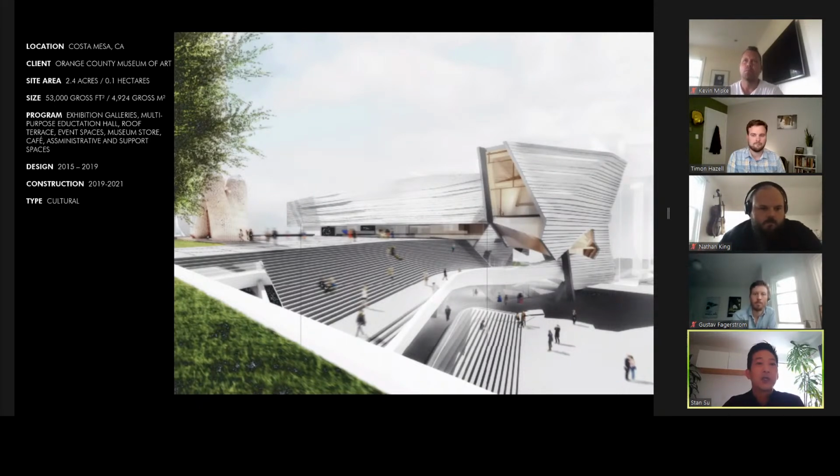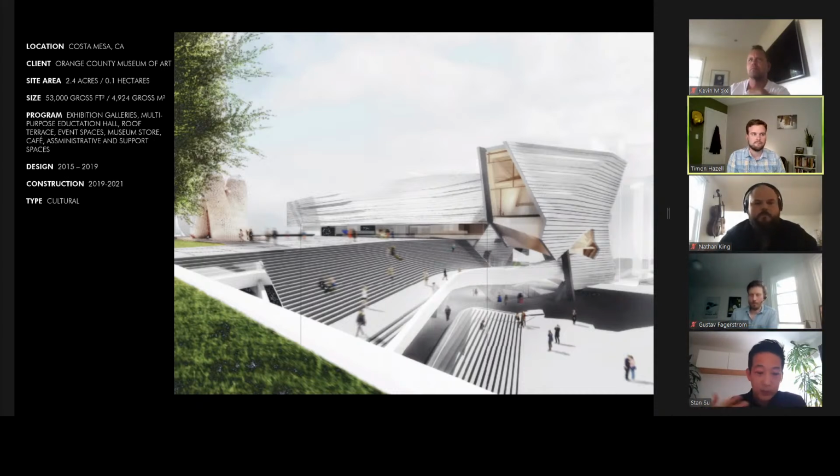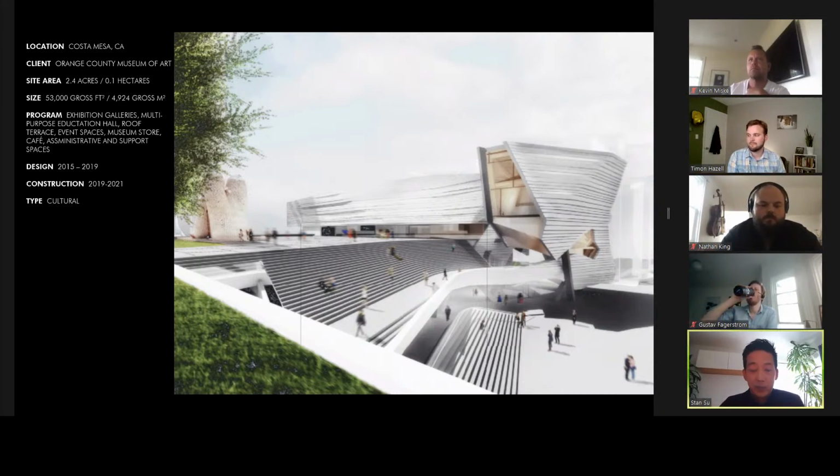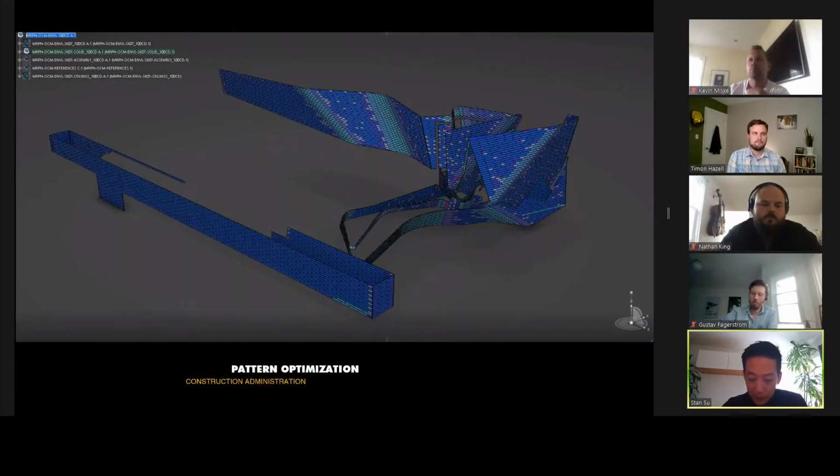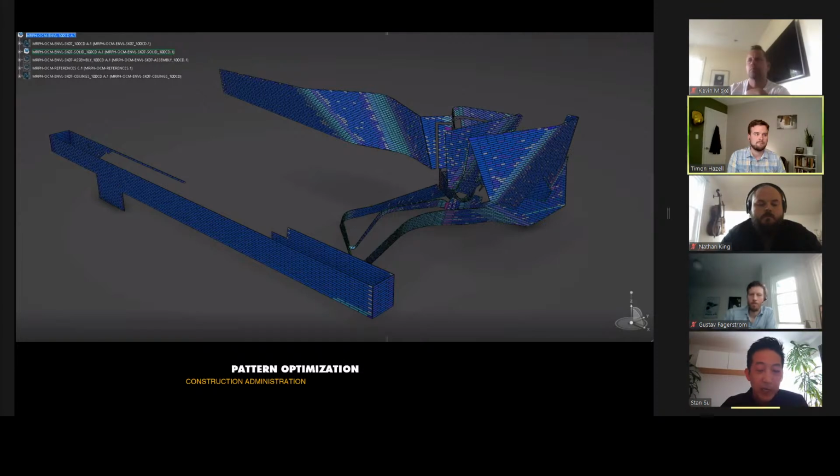The last one I want to touch on stems from this collaborative research effort, and we actually partnered with Walter P. Moore on a ceramics workshop at Boston Valley and University at Buffalo this past year, which coincided with when we were developing this facade, and really constructability and knowing the formability limitations of this material was the real challenge here.